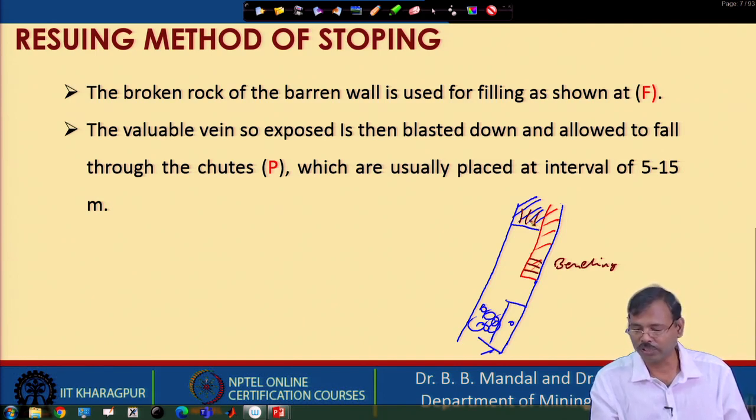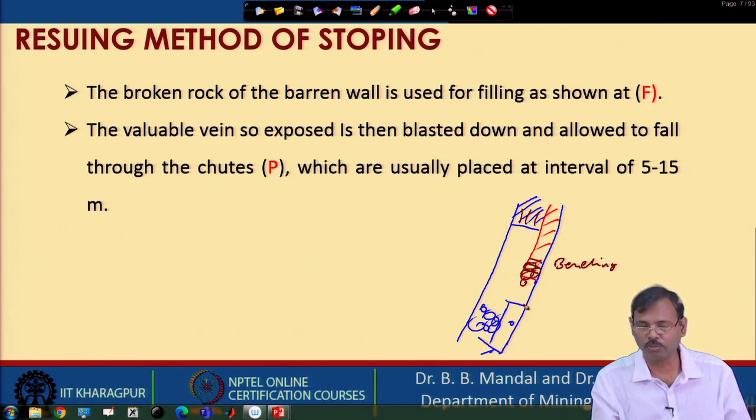The same way we can carry out here also, but the benching method of blasting is preferred. The blasted rock mass is basically guided to the chute. The chute is provided here, and the rock is guided to the chute.